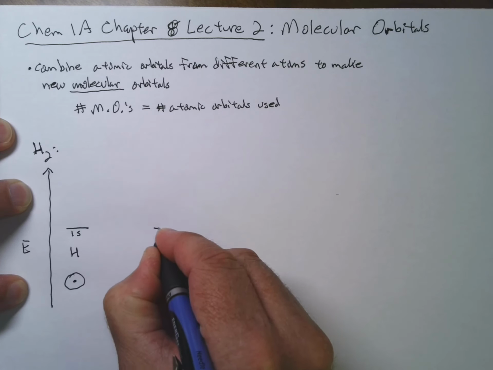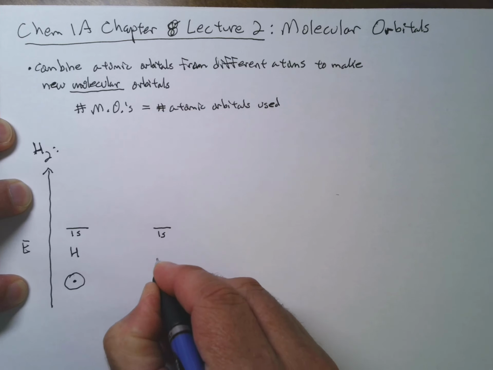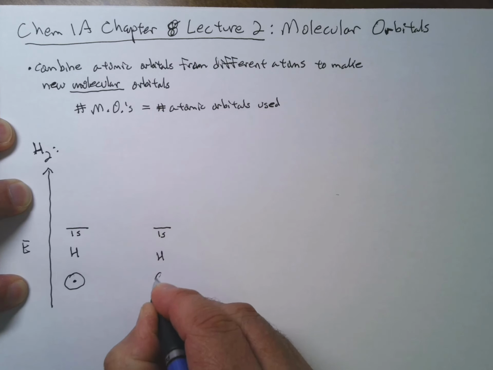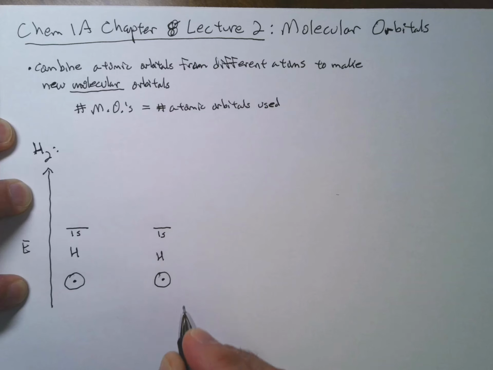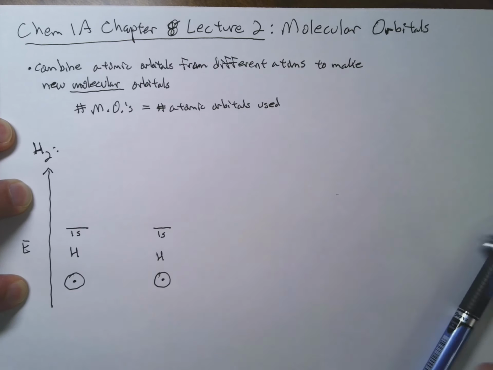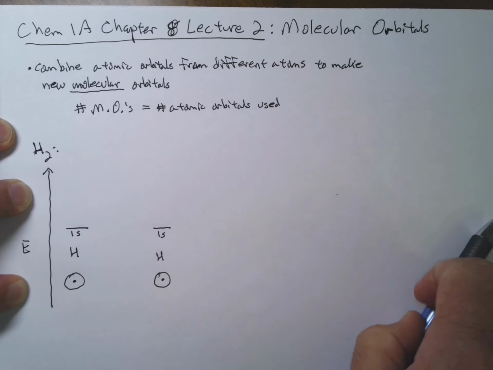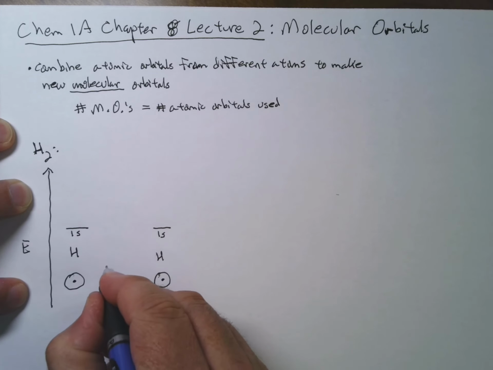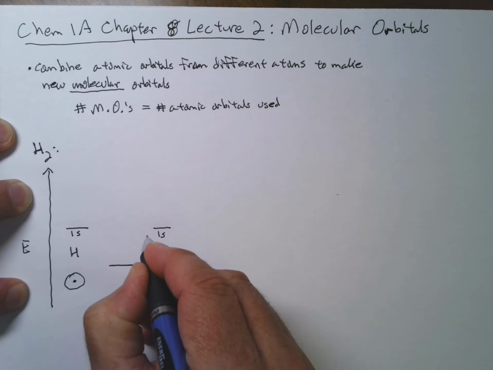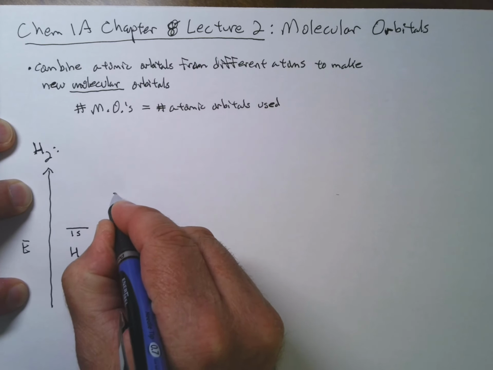And then we'll have another hydrogen atom with its 1s orbital. And that'll look like that. And then what we're going to do is combine these in such a way that they'll either add together and give us lower energy, or they'll add together and give us higher energy.